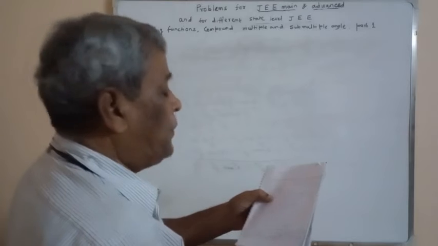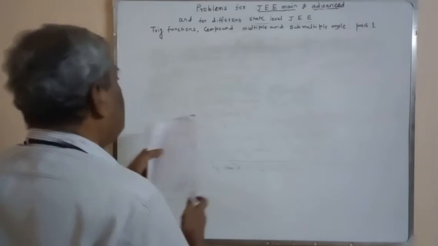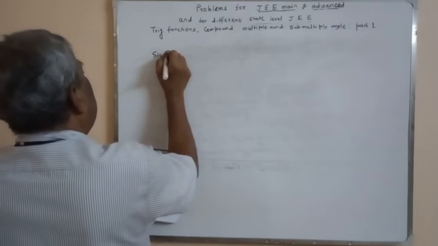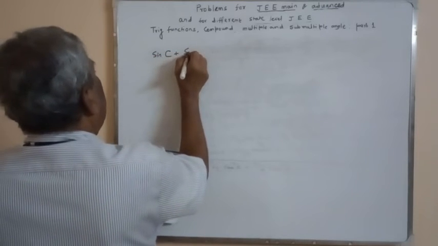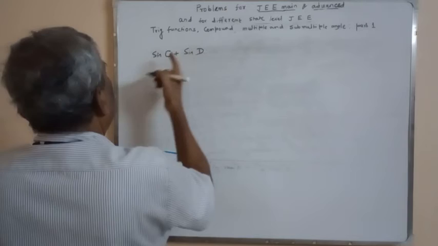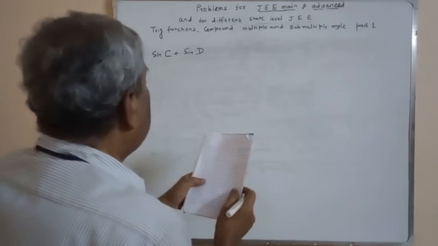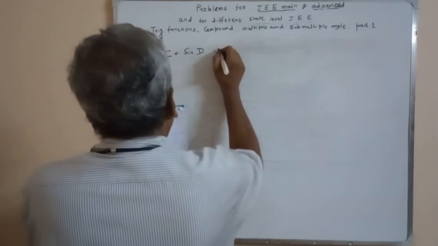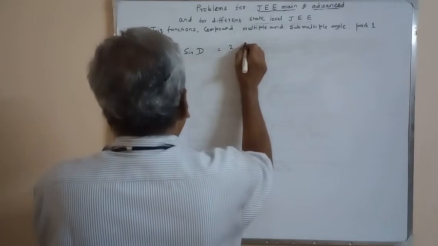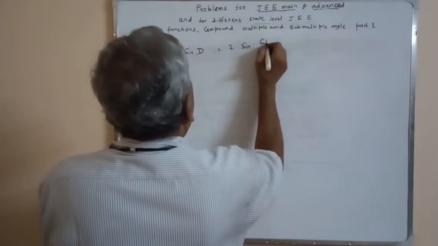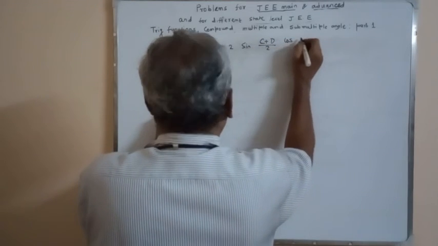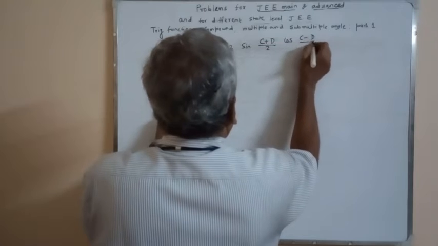Next, transformation of sums and products. It means sine C plus sine D, the sum of two trigonometric sine functions, is equal to 2 sine of (C plus D) by 2 into cos of (C minus D) by 2.